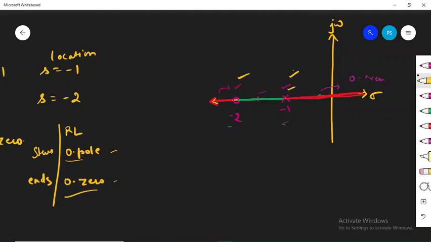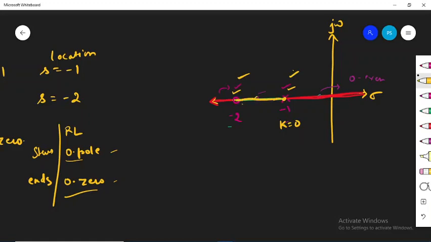This is the open loop pole, so the root locus will start from here. This is the open loop zero, and it will end over here. This is the green zone, meaning the root locus starts from here. At k equal to 0, the root locus starts at -1 as the initial point, and it moves from here as we increase the value of k.